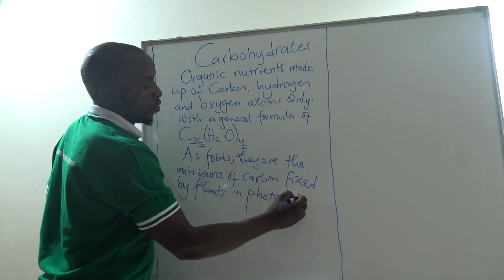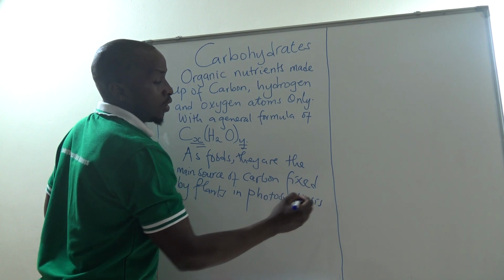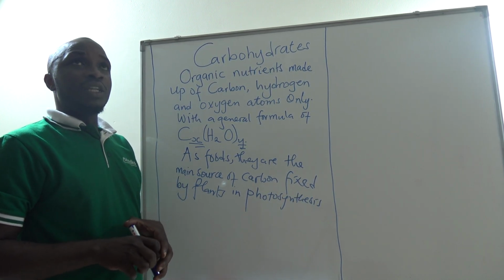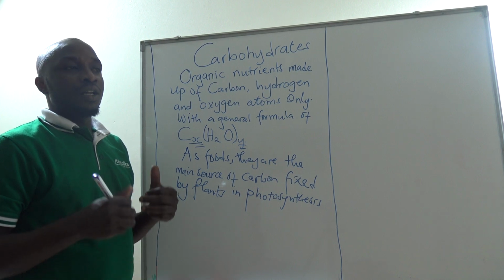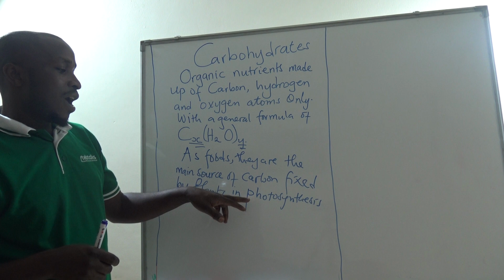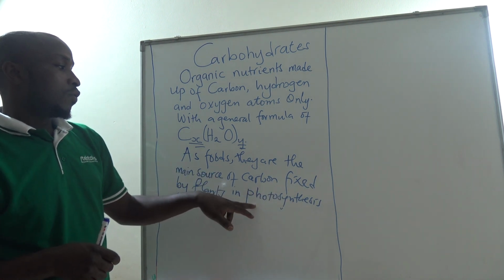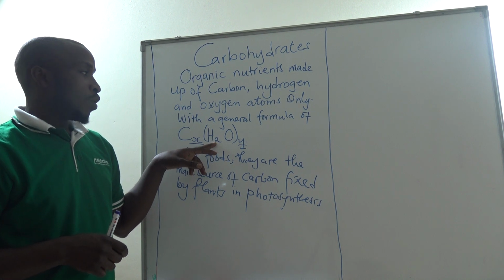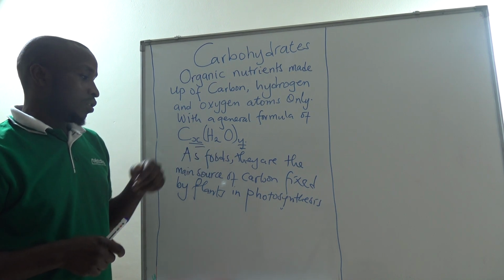So if we recall rightly the carbon cycle, carbon dioxide that is in the atmosphere gets into plants and is fixed in this process of photosynthesis to create these complex organic nutrients.